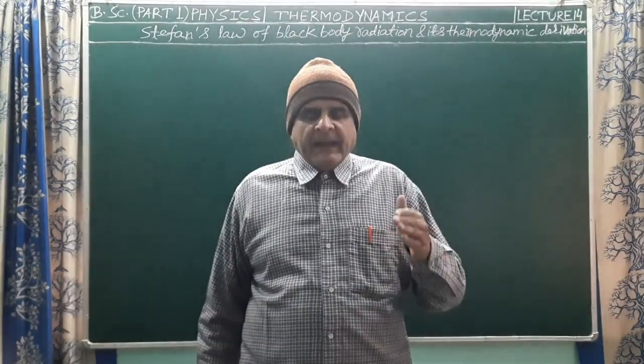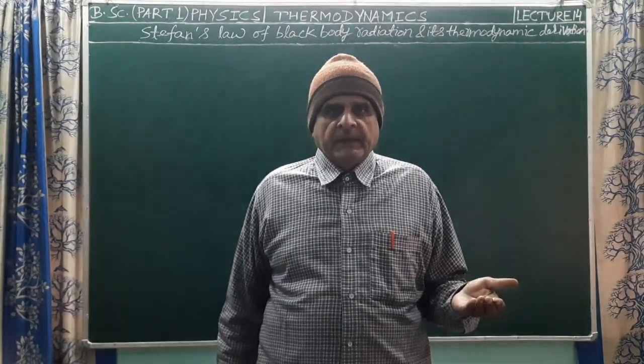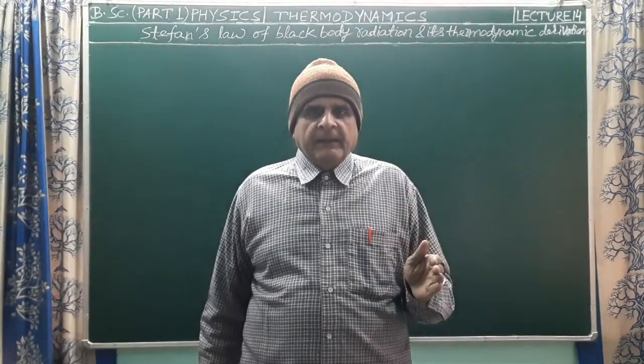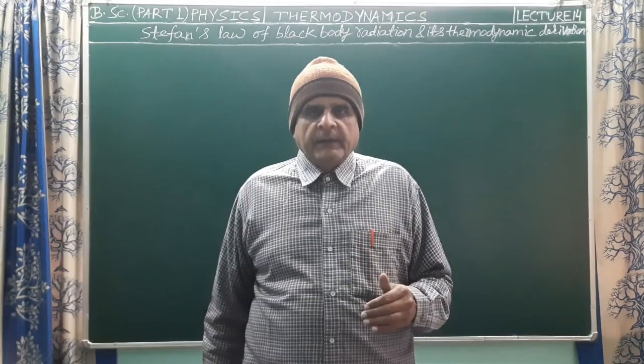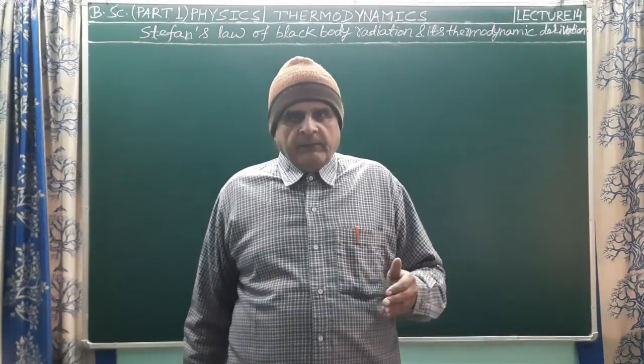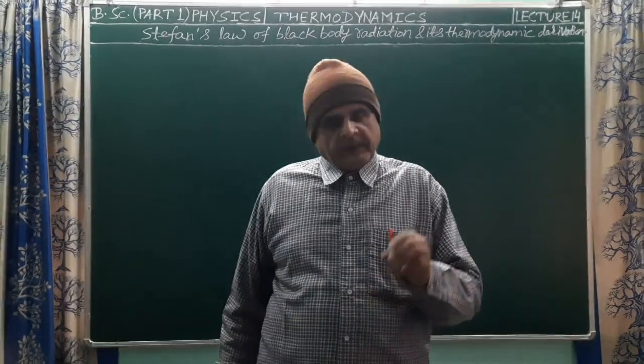That is, E varies as T to the power 4, or capital E is equal to sigma into T to the power 4, and which is the mathematical form of Stefan's law.